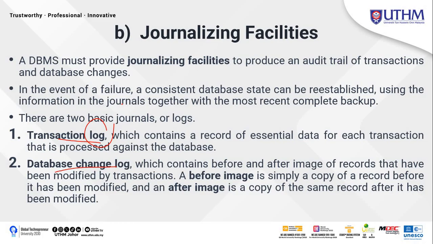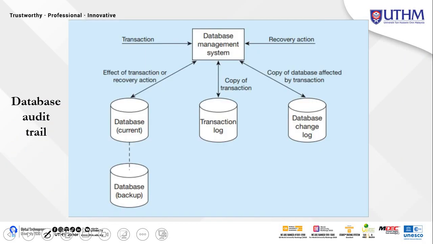So before means before you modify. After image is basically after you modify. So these are the two different, a bit easy to remember. One is before image, meaning before you modify anything they can recover. This one is after image, meaning after they modify, so they can recover or restore back.